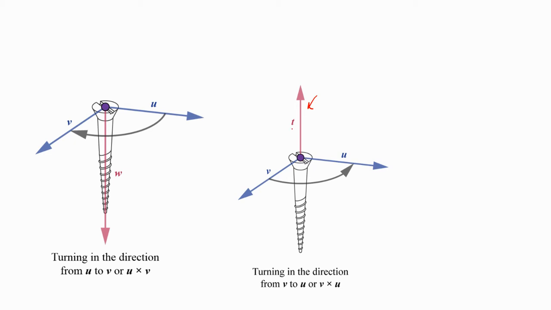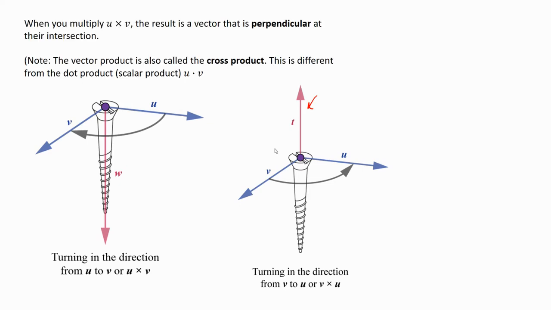Or if you think of the 3rd dimension as coming at you, like at the screen, or going away from the screen. So how do you know which way it's going? I'm not sure if you'll need to be able to know which way it's going, but you'll have to be able to find that vector for sure.